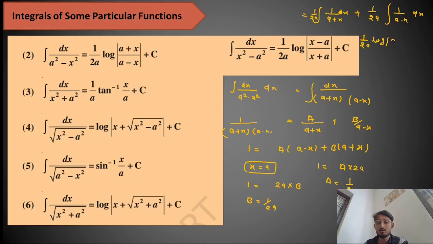Plus 1 upon 2a. Here a minus x equal to t, so minus dx equal to dt. Minus will be common, so you can take minus dt upon t, which means minus log t. Log t means log of a minus x. You can take the common factor, so you will get 1 upon 2a times log of a plus x minus log of a minus x.